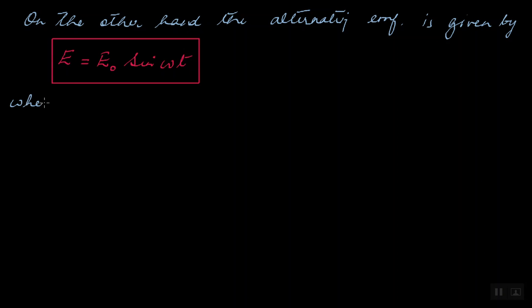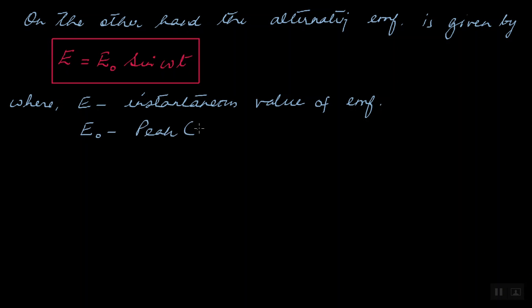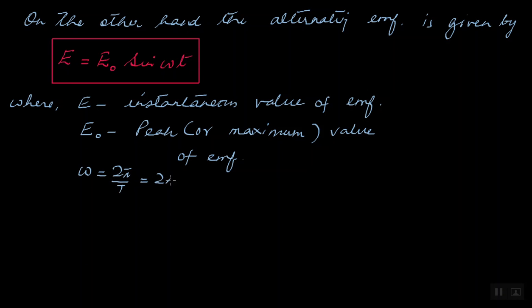Where E here is the instantaneous value of EMF. Then E naught here is what? This is the peak or maximum value of EMF. And omega, this is 2 pi by capital T, which is equal to 2 pi f, is again the angular frequency.